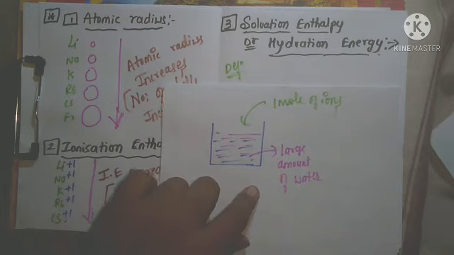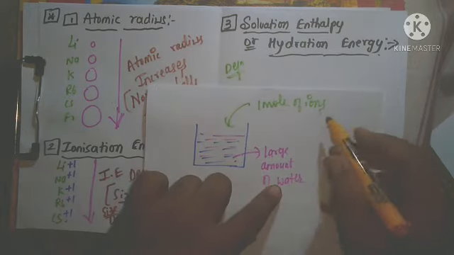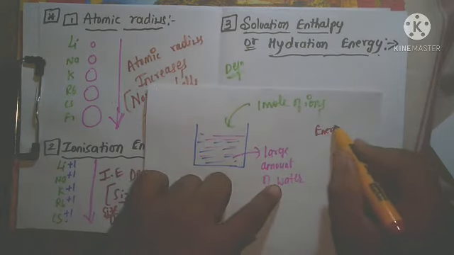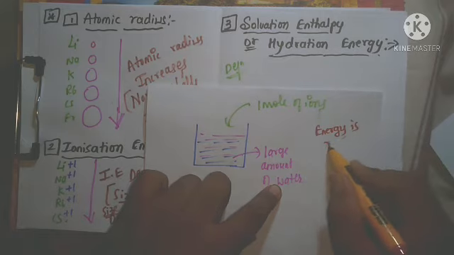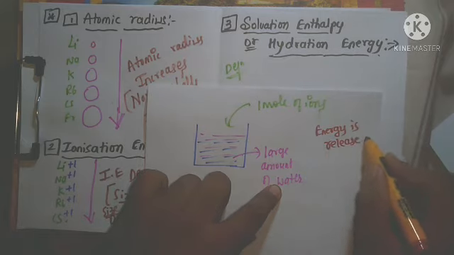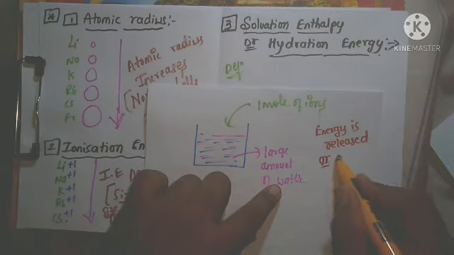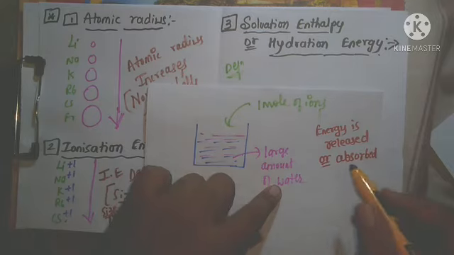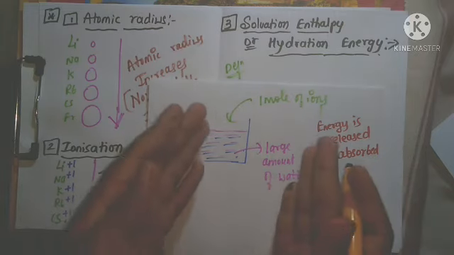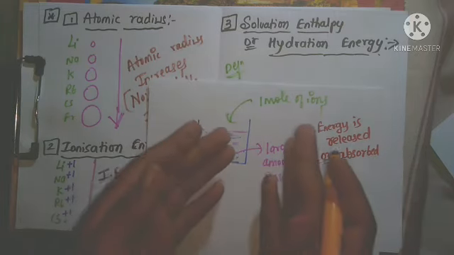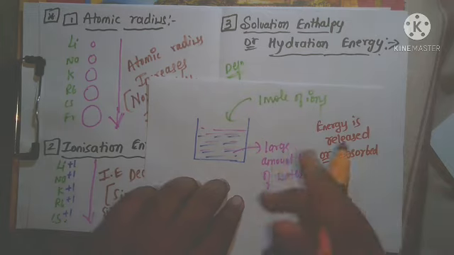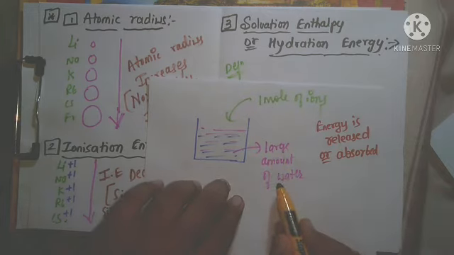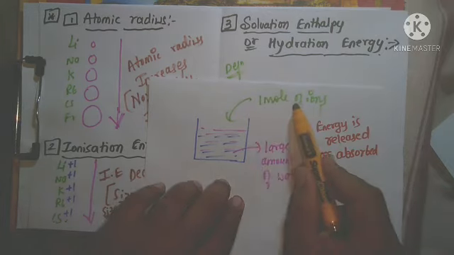While dissolving the 1 mole of ions, what happens? The energy is released, or sometimes absorbed. Once again, in the large amount of water, I took a big beaker, and in this I am dissolving 1 mole of ions.